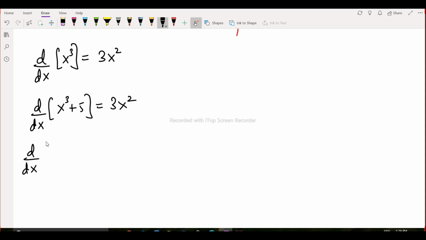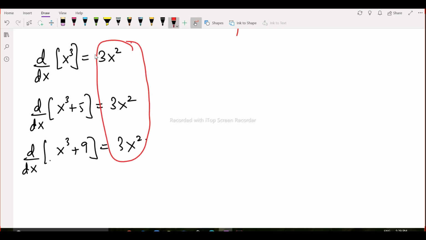The derivative of x cube plus 9 is also 3x square. So the question arises, if 3x square is given, out of this, which should be the answer? That means the integration of 3x square is not unique, because depending upon this constant, the answers can be different, the functions can be different.